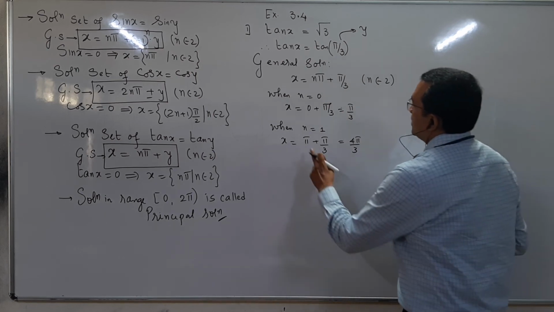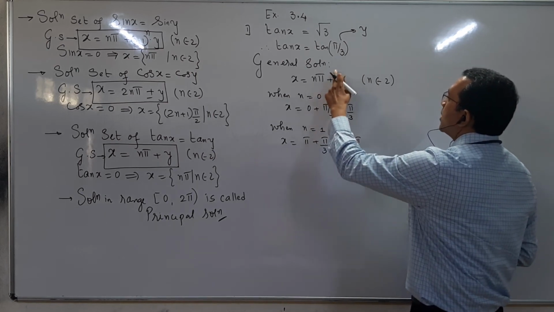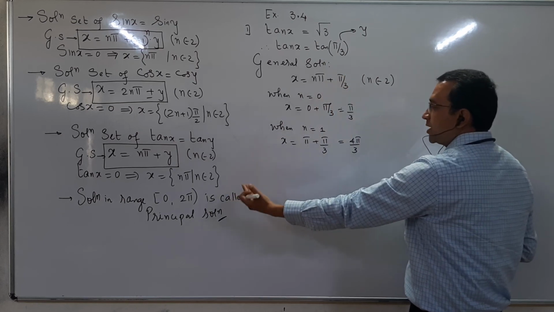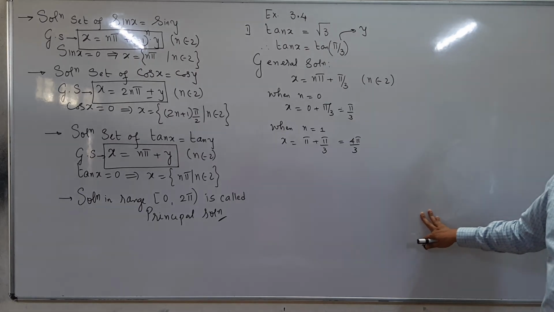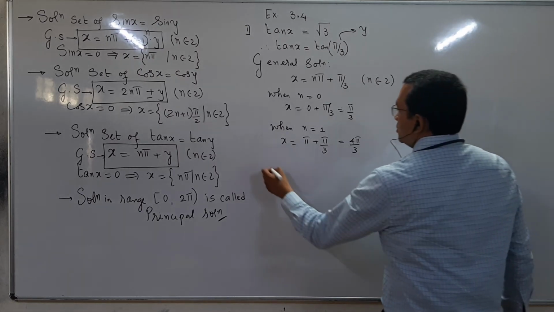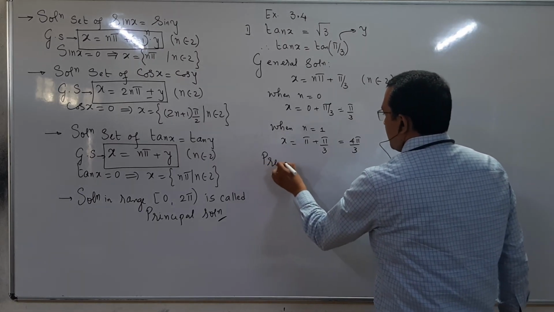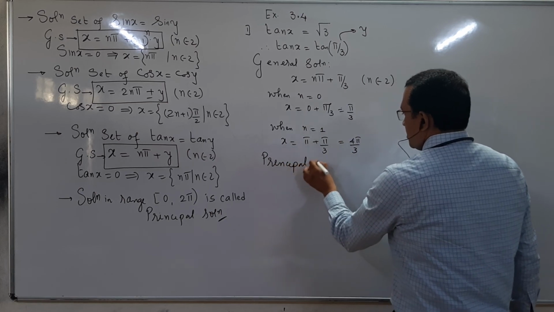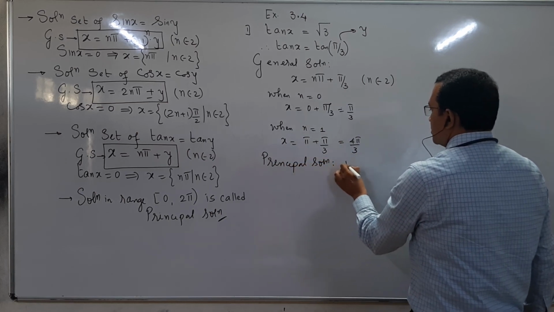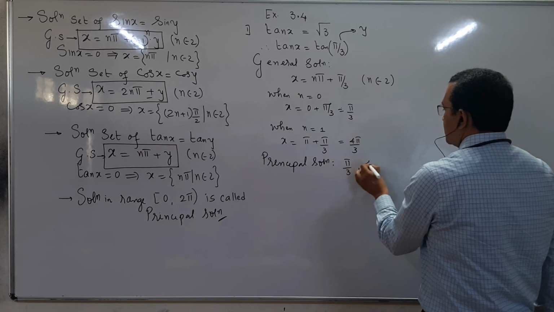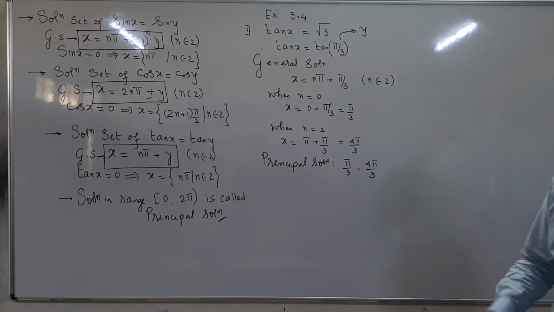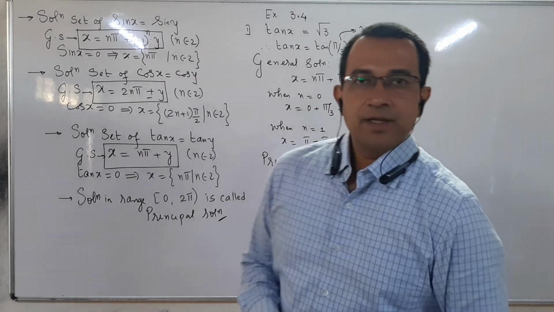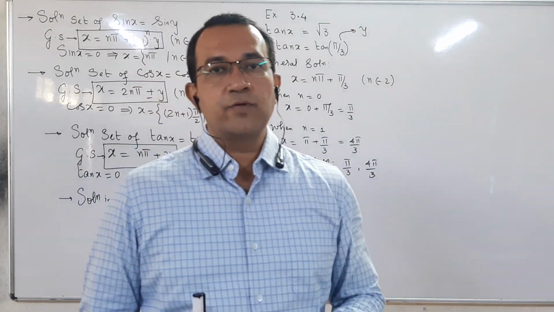But when I take n is equal to 2, it becomes 2 pi plus pi by 3, which is exceeding 2 pi, so we don't have any principal solution. So the principal solutions are pi by 3 and 4 pi by 3. Clear, students? All of you understood?